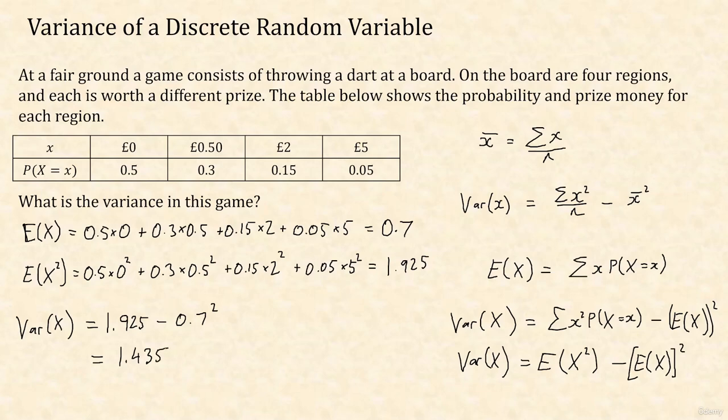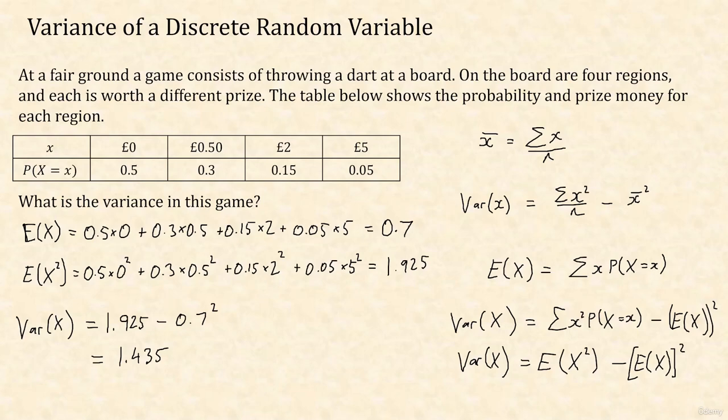So we just key that into our calculator and we get a variance of 1.435. Now, if we think about what that means, it's not a particularly intuitive concept, the variance, but it is the square of the standard deviation. We don't tend to think about standard deviations of discrete random variables, but if we did, the standard deviation of this is about 1.2. What that tells you is that while you might expect to get 0.7, you expect to be within about 1.2 of that.